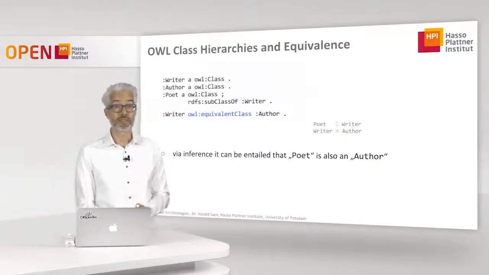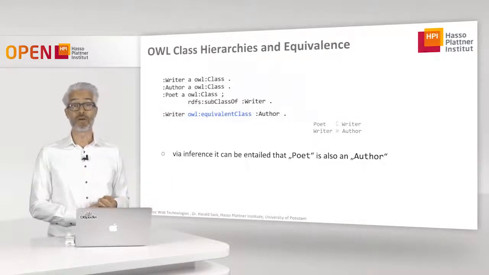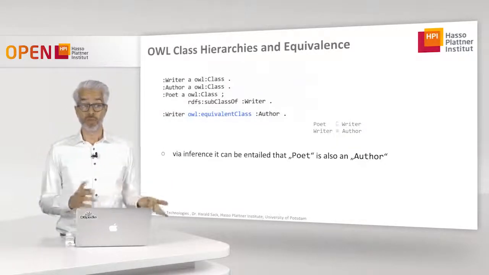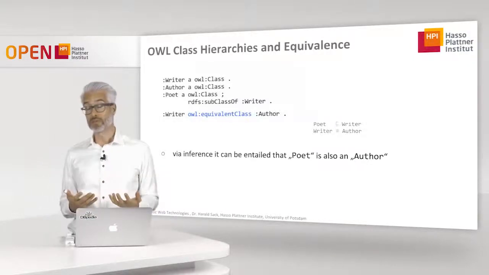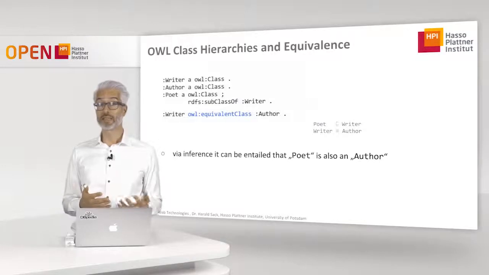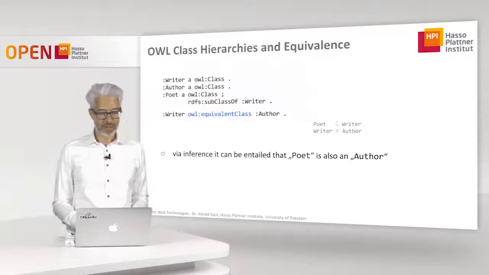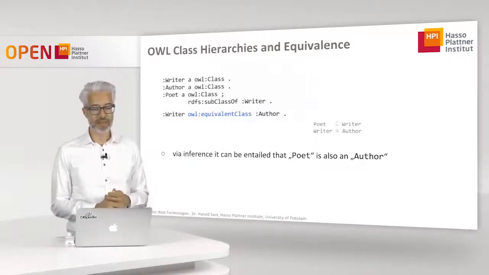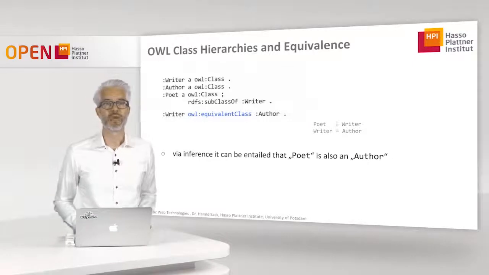Okay, disjointness. The next thing you can do, for example, is say two classes are equivalent. You remember open world assumption and no unique name assumption. If something is really equivalent or not equivalent, you must have a means to say so. Look at the following example. We say Writer is a class, Author is a class, and Poet should be a subclass of Writer.